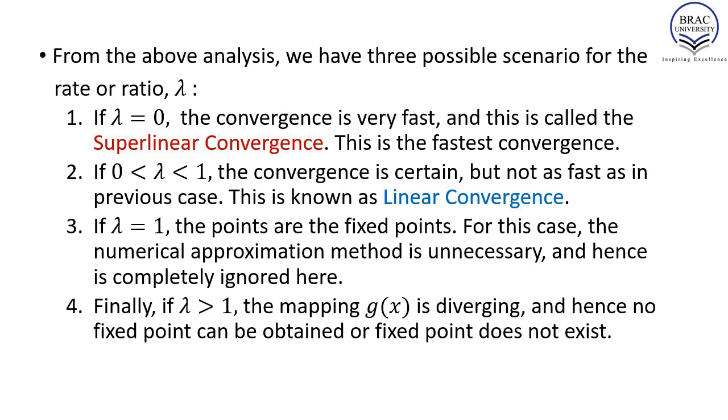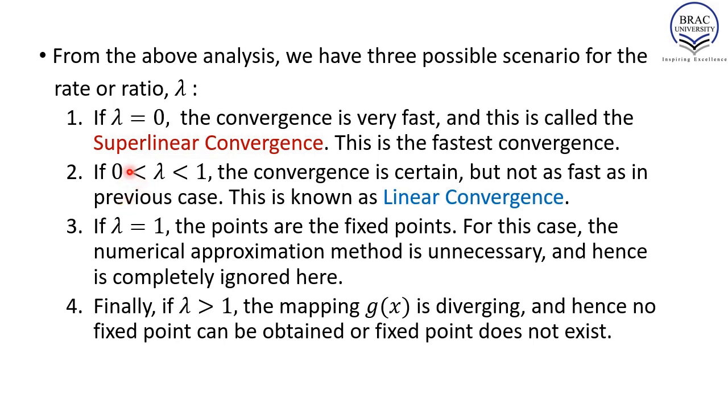First, if lambda equals 0, the convergence is very fast, and that is what we want. This is called the superlinear convergence, the fastest convergence that we can have here.